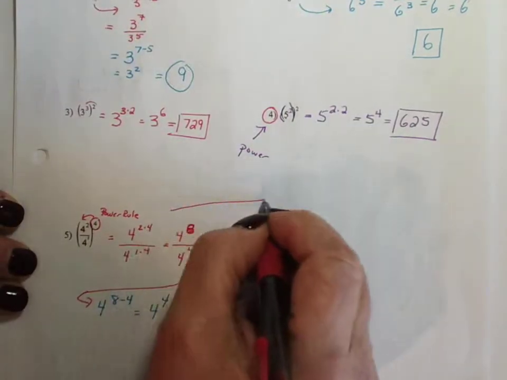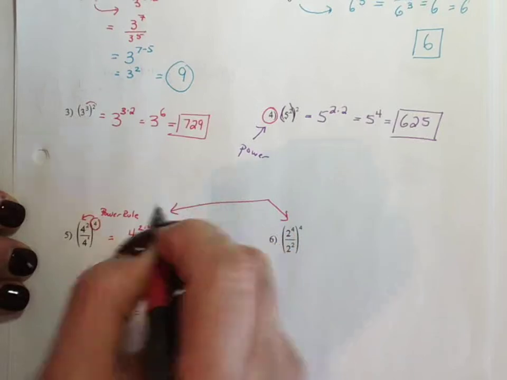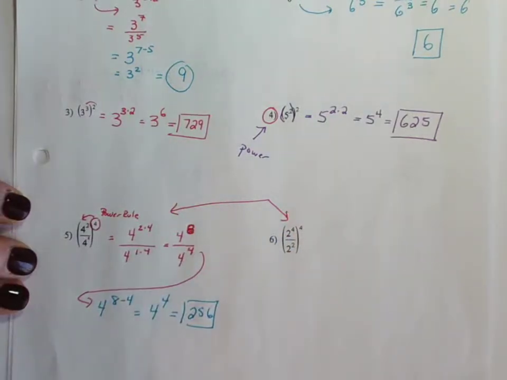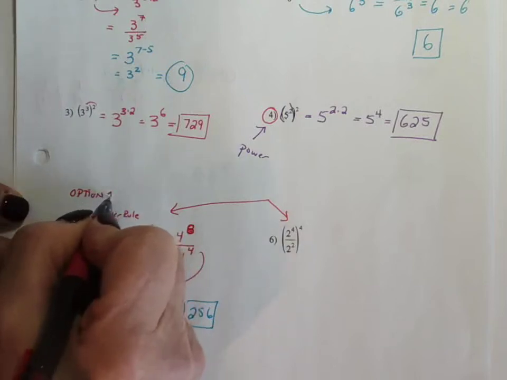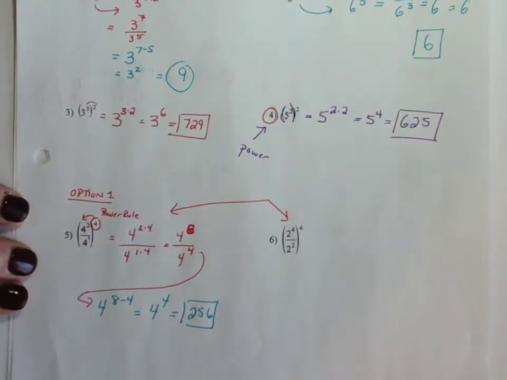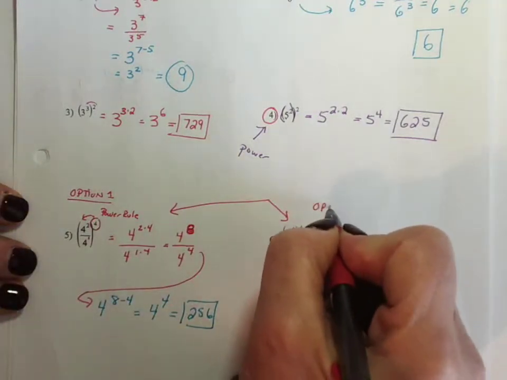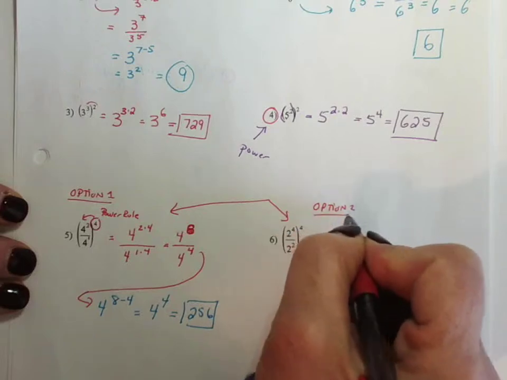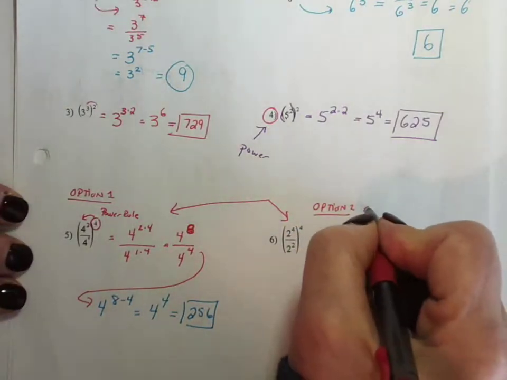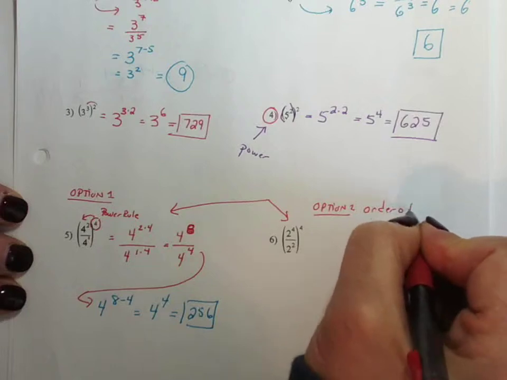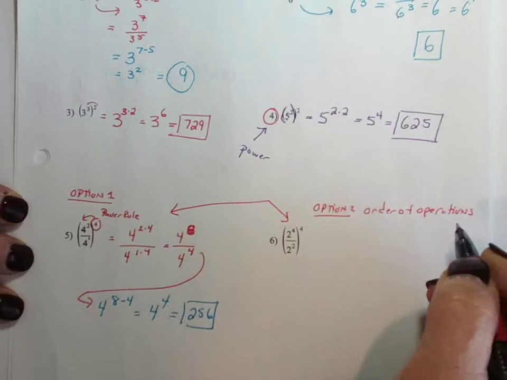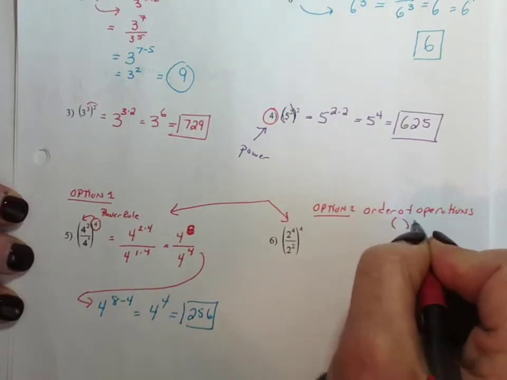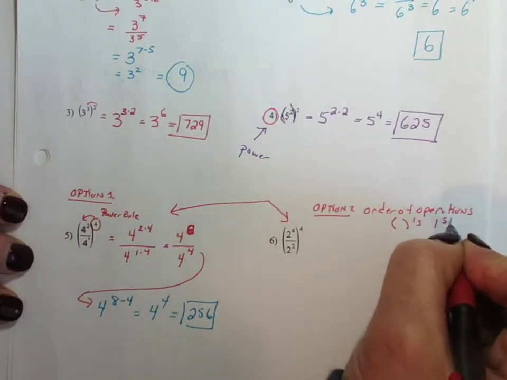So for these two problems, there are two ways to do this. One option is to use the power rule. The second option is to use order of operations, which means parentheses first.